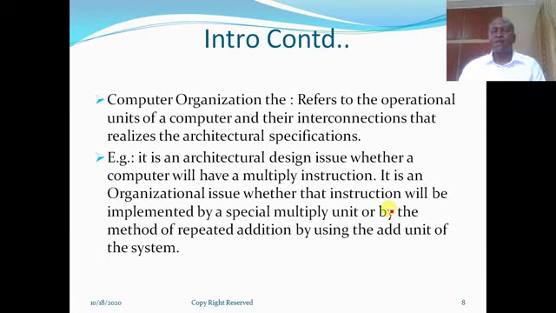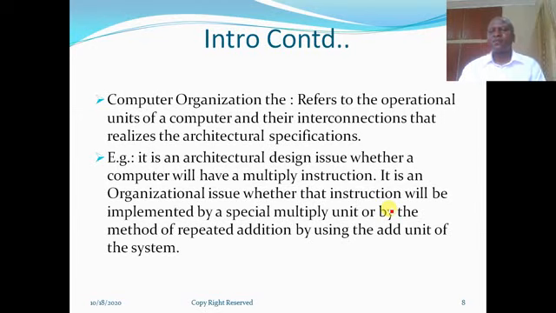And I will attempt to give an explanation of what I mean by that. For example, it is an architectural design issue whether a computer will have a multiply instruction.